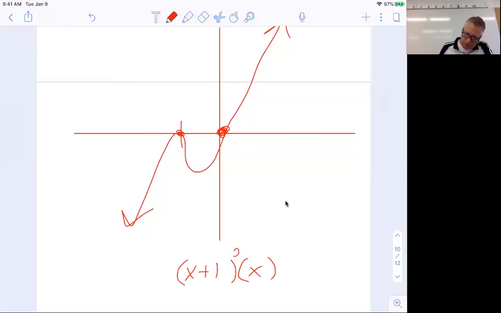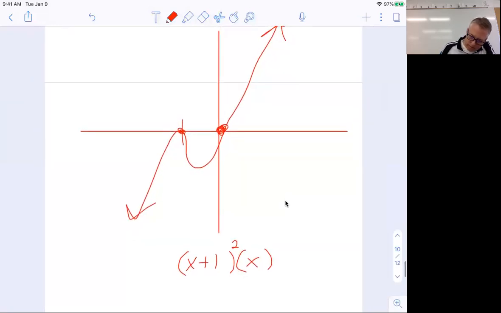But because it bounced there, I'm going to write that as x plus 1 squared. And so I could write it as f of x equals some positive number. So I'll just make up a positive number. I'm going to do a fraction again this time, but remember, it could be any positive number. So 3/5 times the quantity x plus 1 squared times x.